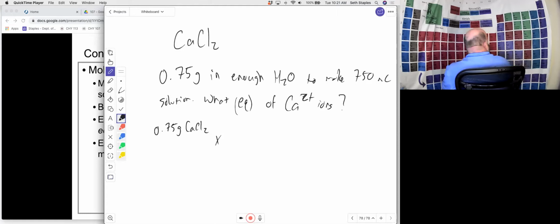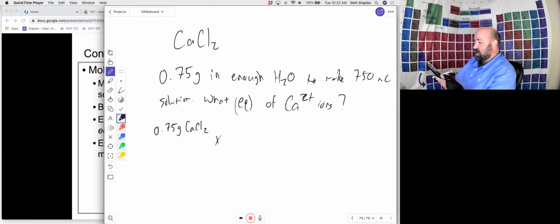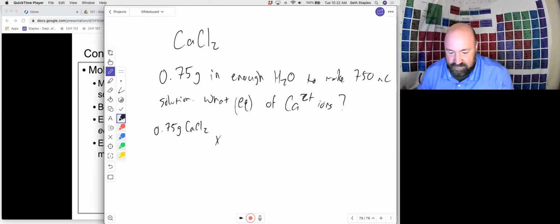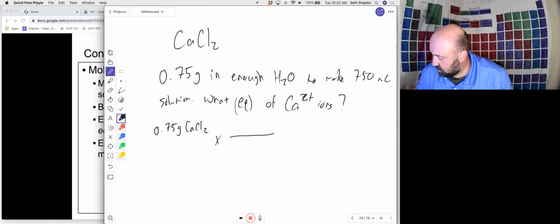Chlorine is 35.453, but I have 2 chlorines in there. So that gives my molar mass of CaCl2, and we see some dimensional analysis coming into play here.